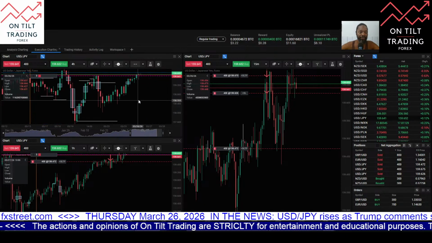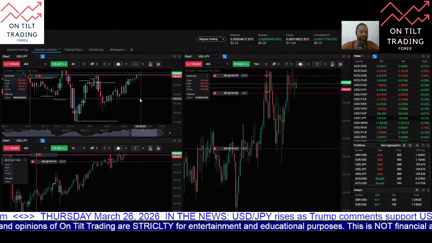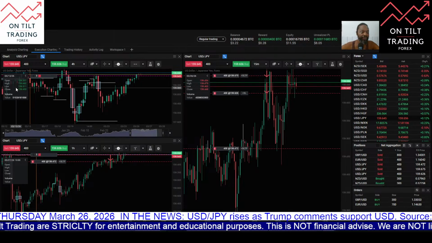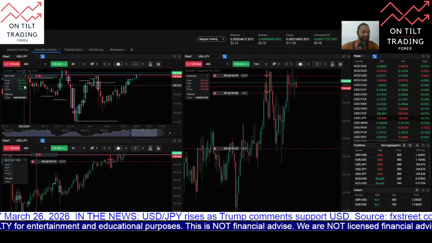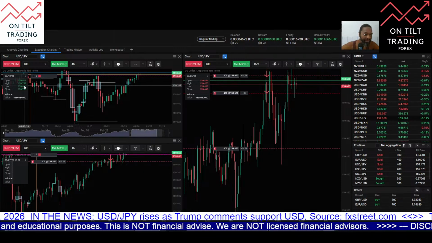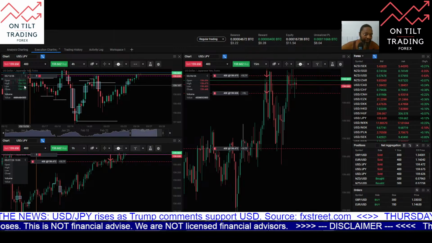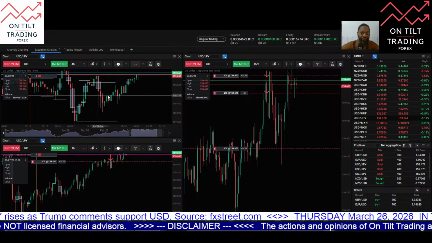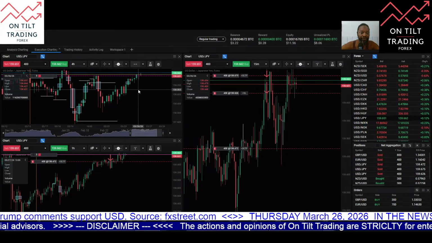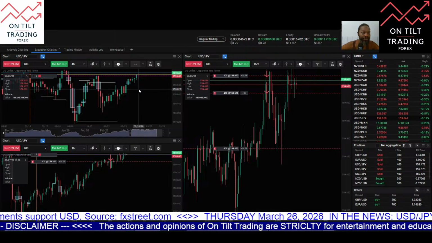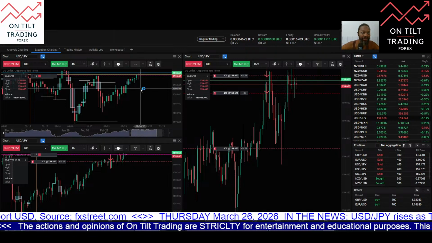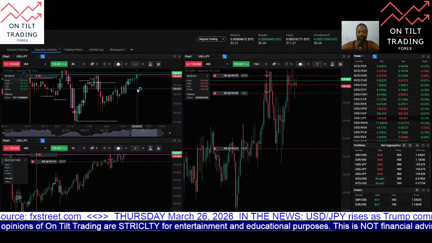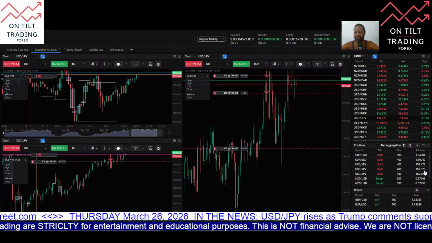And then here we come back in this area, where the high of the body of this candle is 732, and right now price has gotten to 694. So I would anticipate looking at price action here.